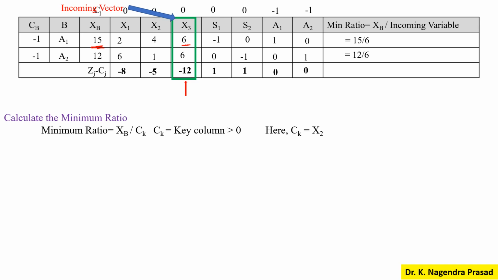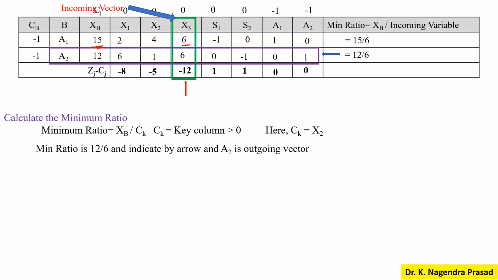Next we look at the second row, the A2 variable row. Here xb is 12 and coefficient of incoming variable is 6, so the ratio is 12 by 6. Here the minimum ratio is 12 by 6 for the A2 variable row. So the A2 variable is the outgoing vector and leaves the basis.